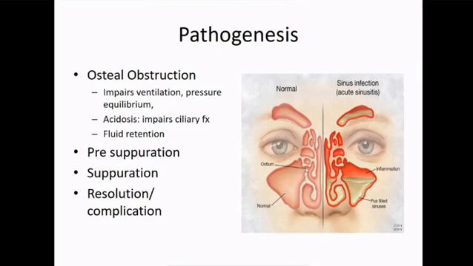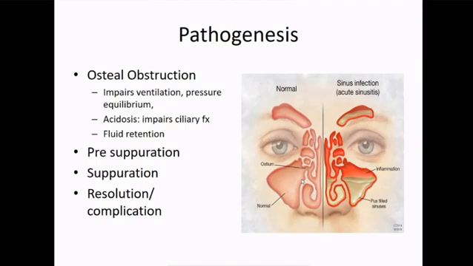If you look here, the ostium is up here, it's not down. So that means if it were down here it would be easily cleared by gravity, but this one is positioned high up. So to make the secretion move up here, you need active transport, active cilia function.